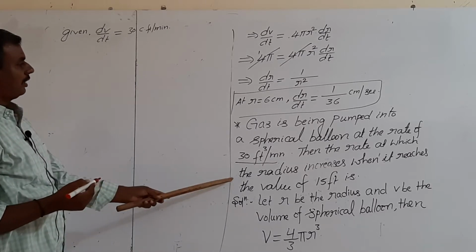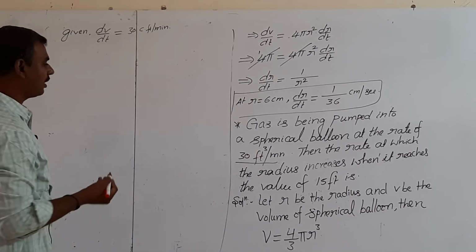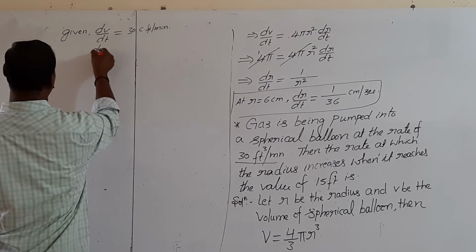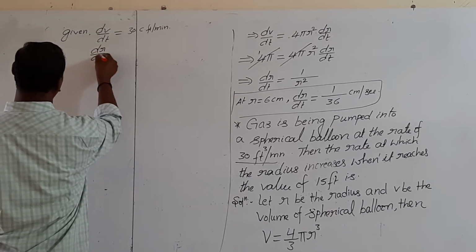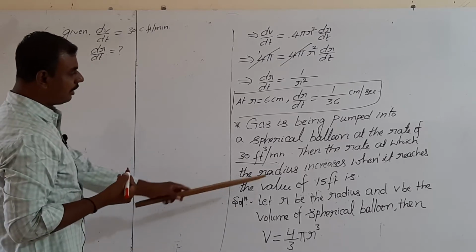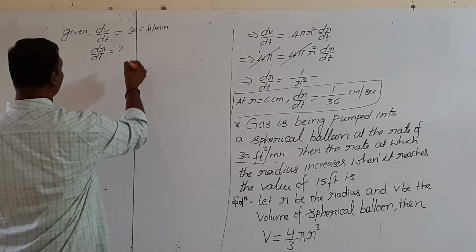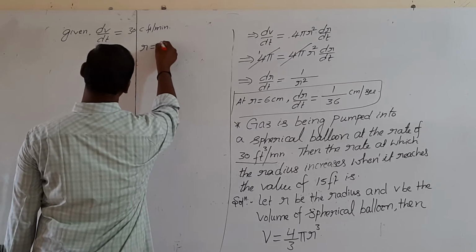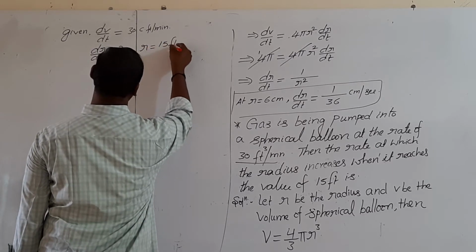Next, what is being asked? The rate of change in radius, dr by dt, at an instant value. What is the instant value? 15 feet, R is equal to 15 feet.